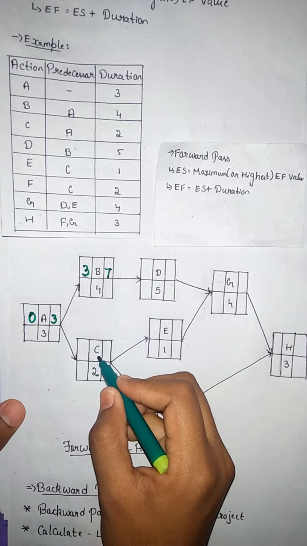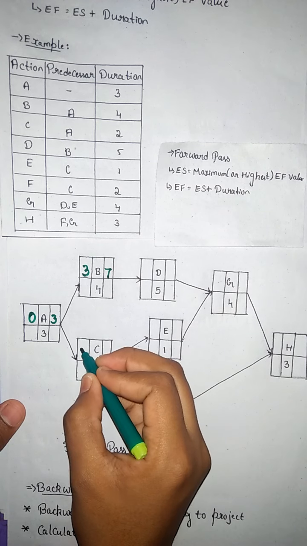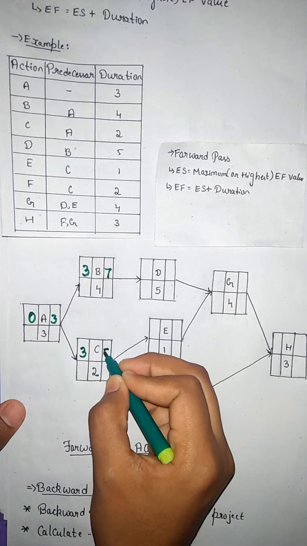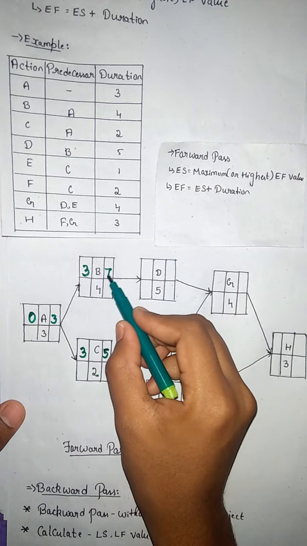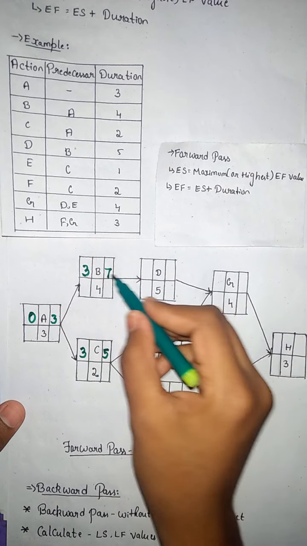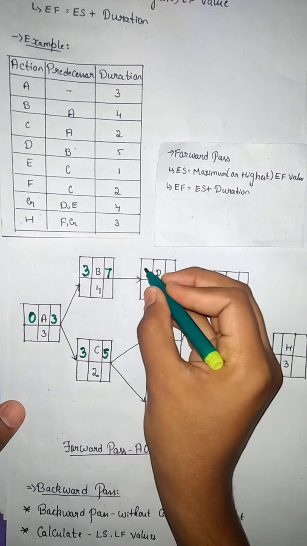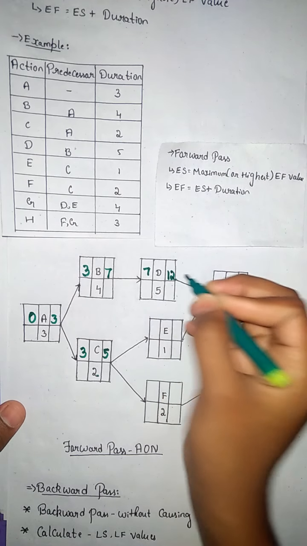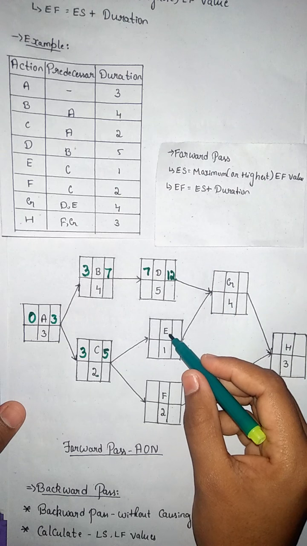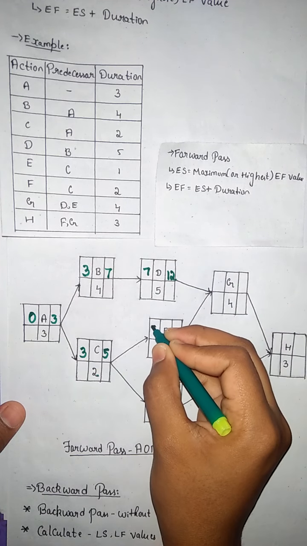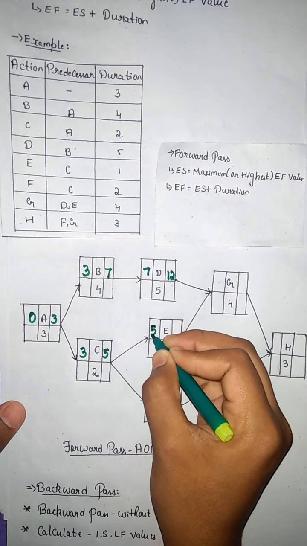The same thing applies to C. 3 plus 2 will be 5. Next, let's move on to D. The highest value is 7. 7 plus 5 will be 12. Next, for E, the highest value is 5. 5 plus 1 will be 6.